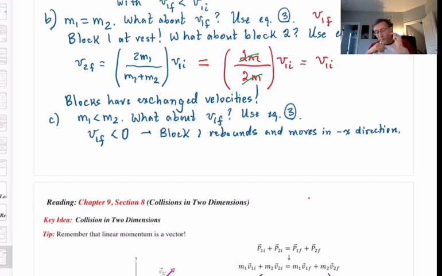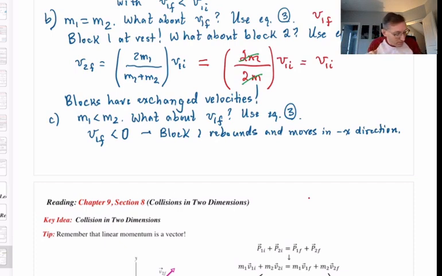But what I do know from equation 3 is that the formula gives me a negative number for V1 final when M1 is less than M2. So I know that block 1 rebounds and goes back in the negative x direction whenever block 1 has less mass than block 2. Okay? So these are things I can just figure out by looking at equations 3 and 4.